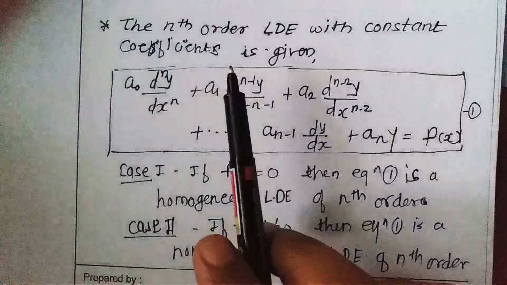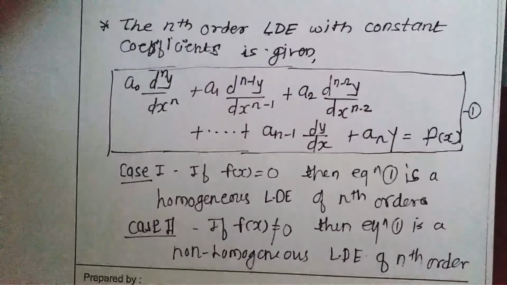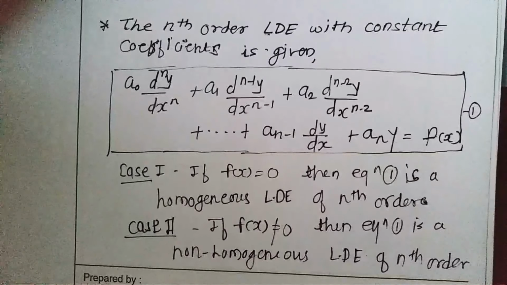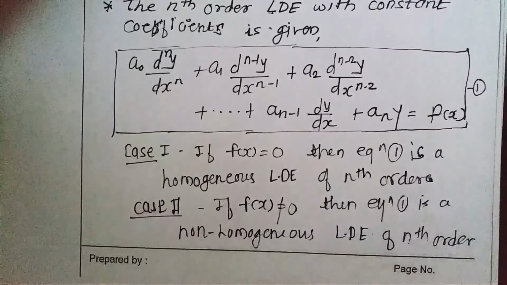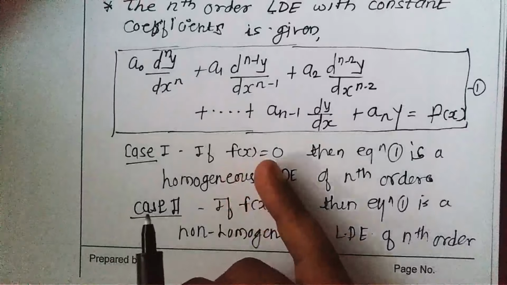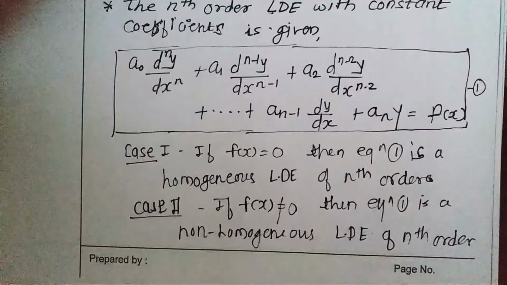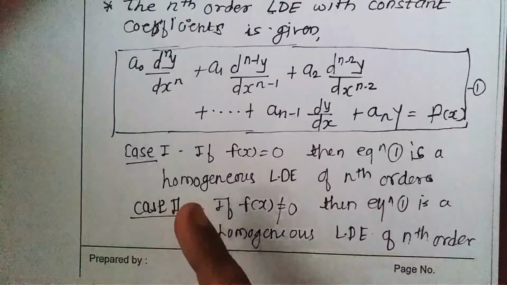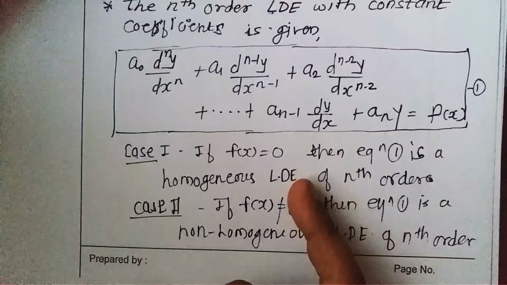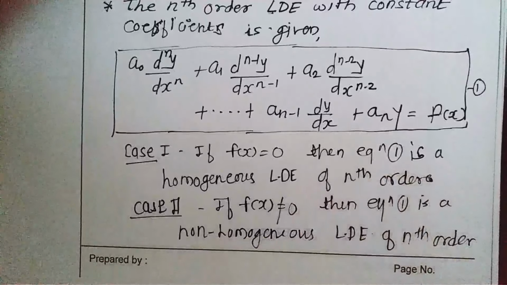This equation 1 is the general form of a linear differential equation of nth order, okay? Now case 1: if f(x) equals 0, means if the right hand side of this differential equation is 0, then equation 1 is called a homogeneous linear differential equation of nth order, okay?